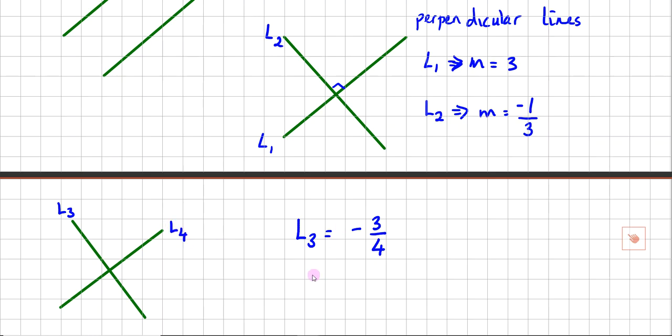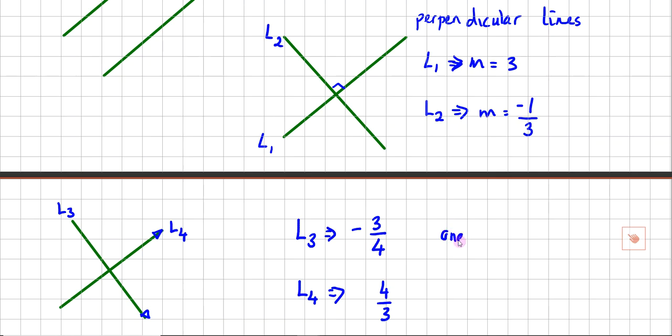What would the gradient of L4 be? 4 over 3. Remember, if one's negative, the other one has to be positive. Look at the directions they're going. L4 is going up, so it's positive. L3 is going down.